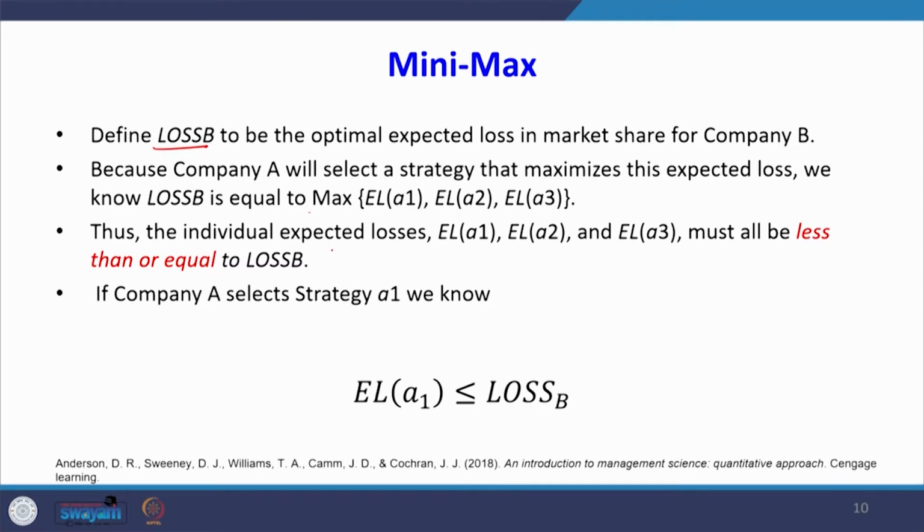Thus, the individual expected losses EL A1, EL A2 and EL A3 must be less than or equal to loss B. If company A selects strategy A1, EL A1 should be less than or equal to loss B.